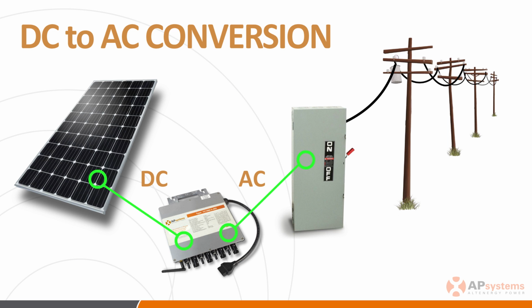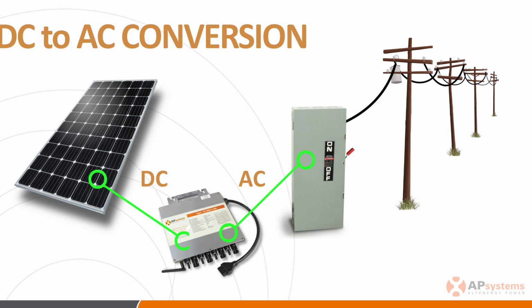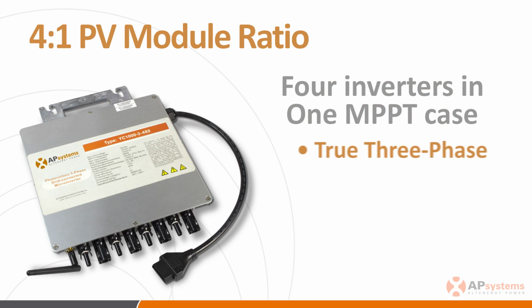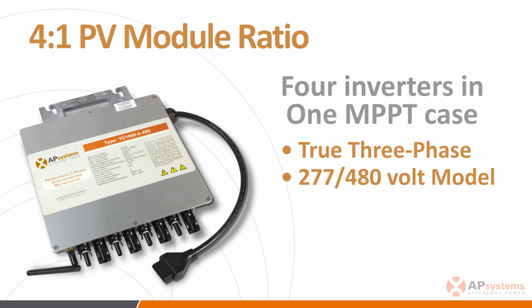The YC1000 is a grid-tied microinverter. The APsystems YC1000 functions as four inverters built into a single case, yet combines the signal into a single MPPT and has the following characteristics. It is a true three-phase inverter that is available in two models based on your specific grid requirements: 277/480 volt and 208 volts.